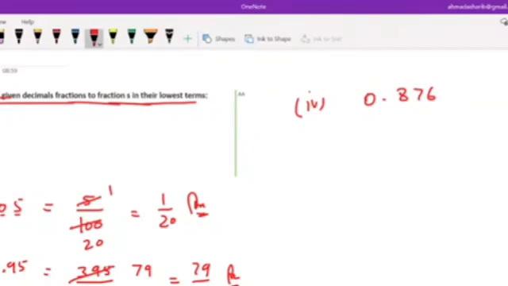Convert it into the fraction in the lowest term. So you will write 876 upon 1000, and now reduce it. You can reduce it by 2. 2 4s are 8, 2 3s are 6, 2 8s are 16, and 2 5s are 10, 500. Again, you can reduce it by 2. 2 2s are 4, 2 1s are 2, 2 9s are 18, and 2 2s are 4, 1 carry, 2 5s are 10, 0 as it is. So 219 upon 250.